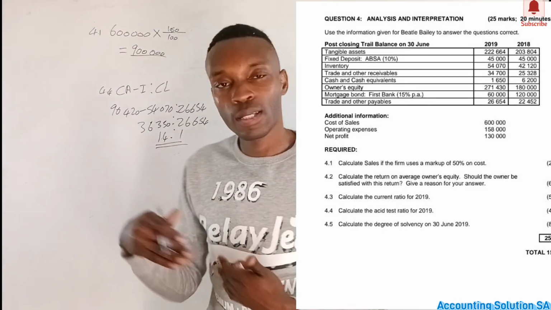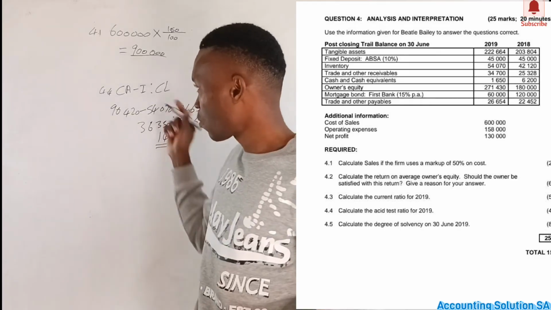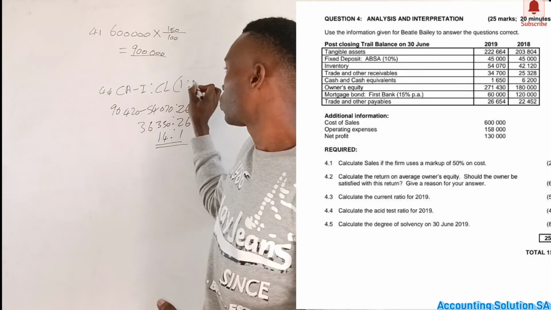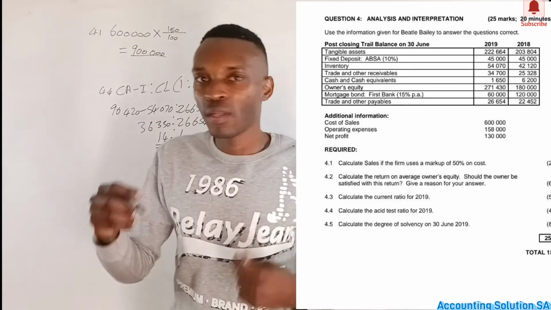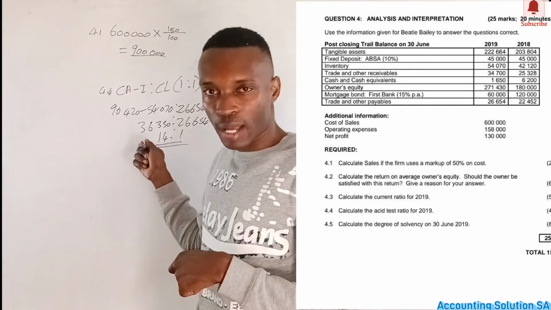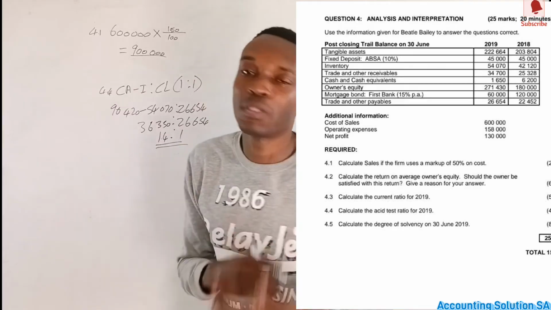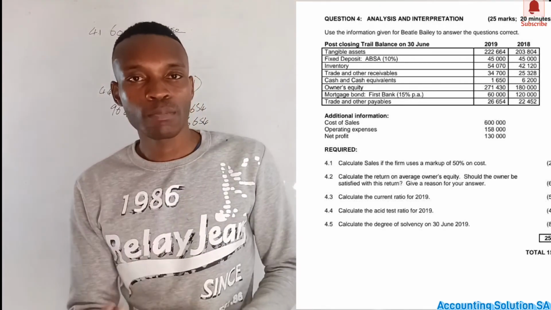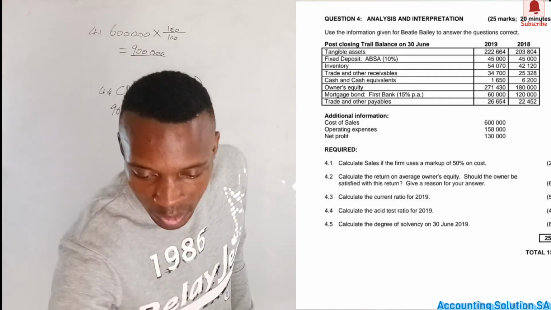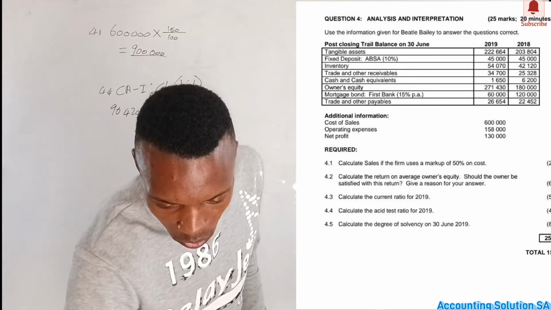And the answer is yes, we are able to pay, because the norm for this one is 1:1. We're above the norm, and as you can see, the assets are higher than the liabilities, which means that yes, the company will be able to pay short-term debt without inventory. Okay, then let's go to the next one.